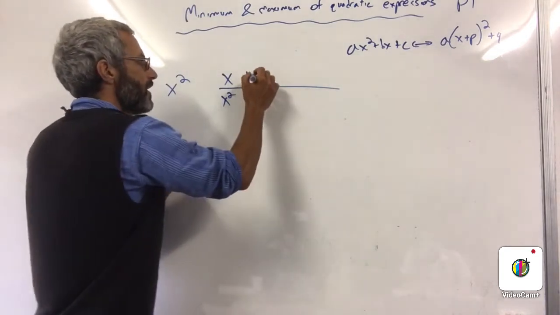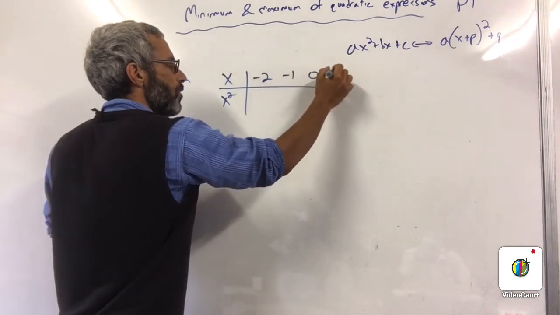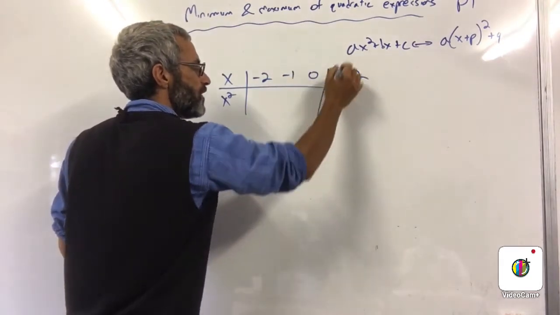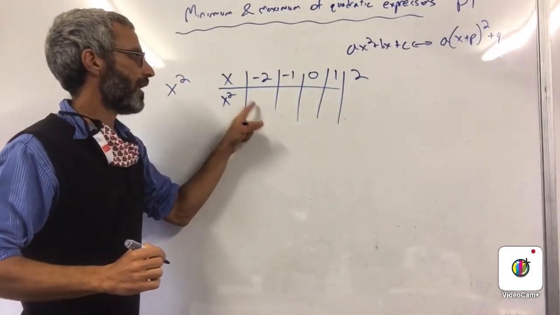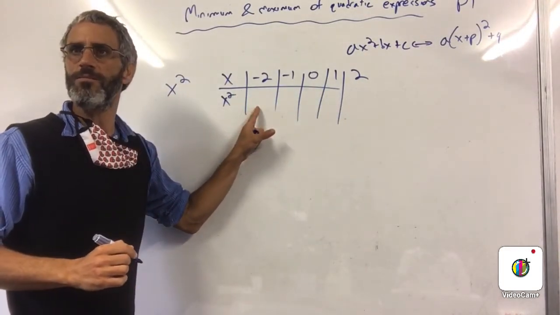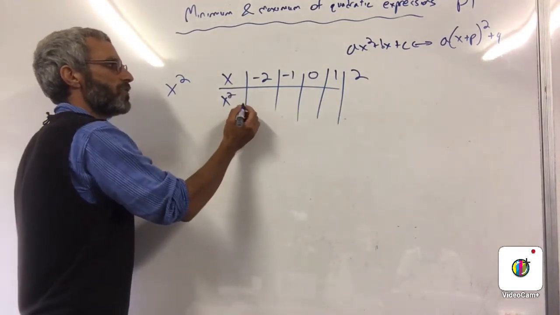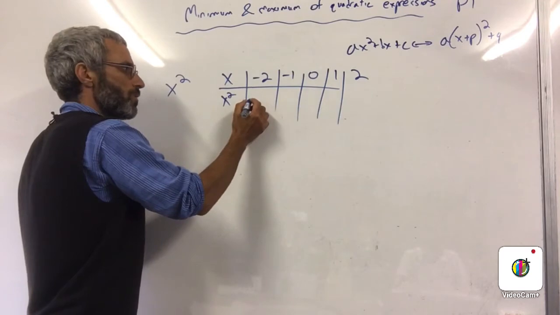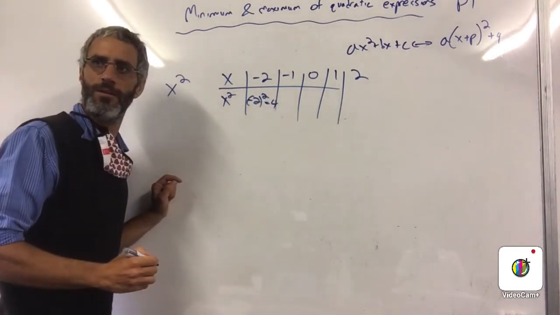Let's choose -2, -1, 0, 1, and 2. So I'm choosing 5 different values of x and calculating x squared. If I put x equal to -2, what is the square of -2? -2 squared is 4.